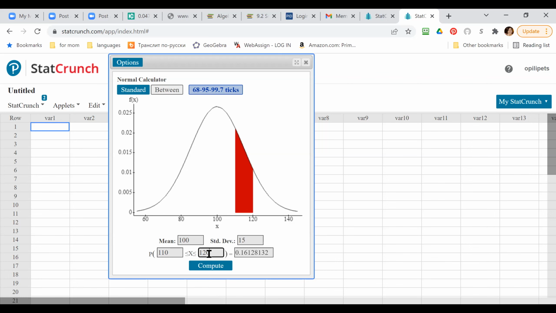And the probability that x is between 110 and 120 is going to be 0.1613. So again, about 16% of the population has this IQ.